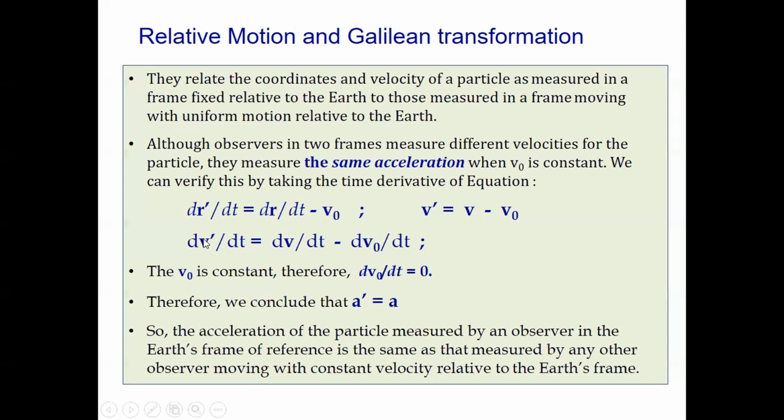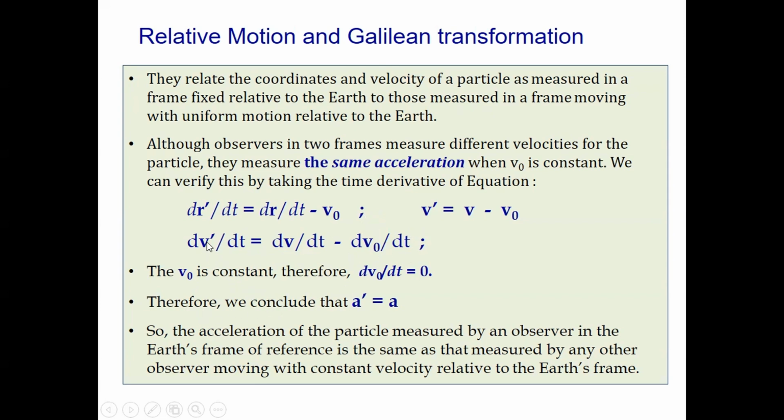Again, we can take a derivative of the velocity: dV dash divided by dt is dV over dt minus dV naught by dt.